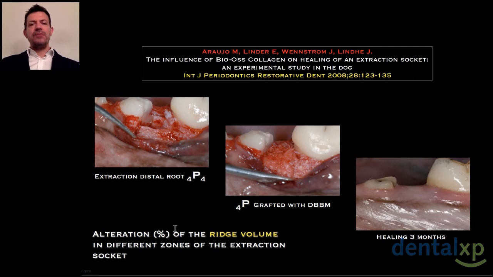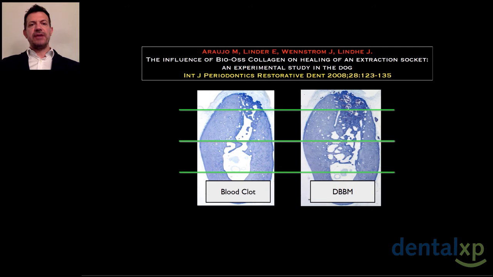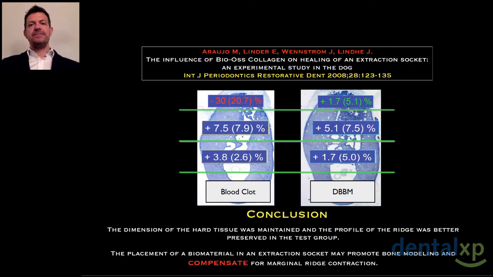Araujo wanted to measure the alteration in percentage of the ridge volume in different zones of the extraction socket. Here, on the left, the control group, blood clot. On the right, test group, the socket grafted with demineralized bovine bone mineral.